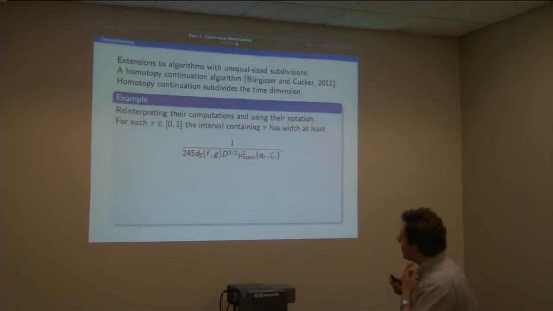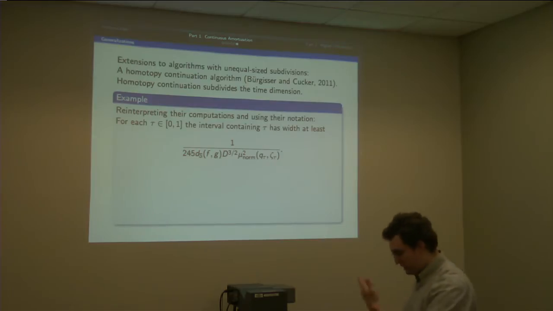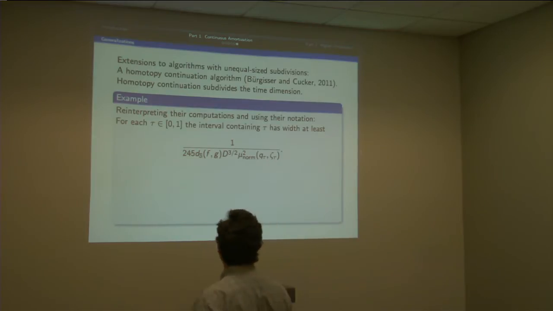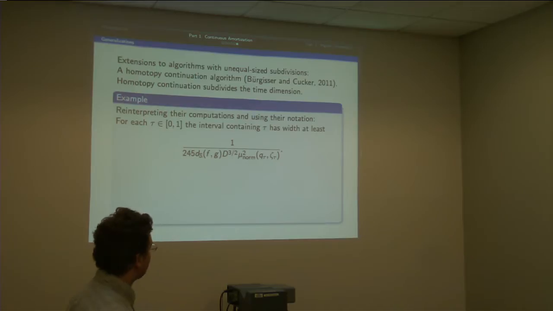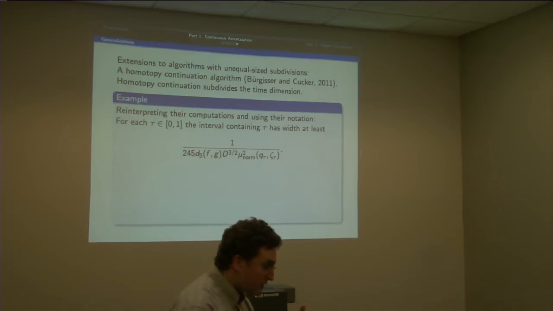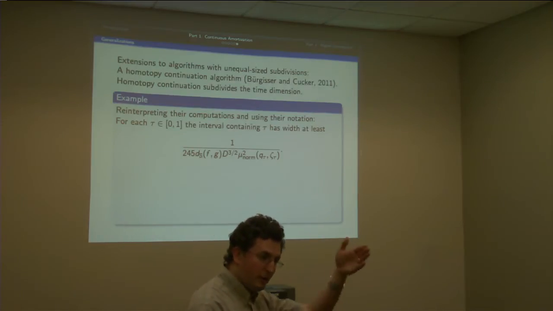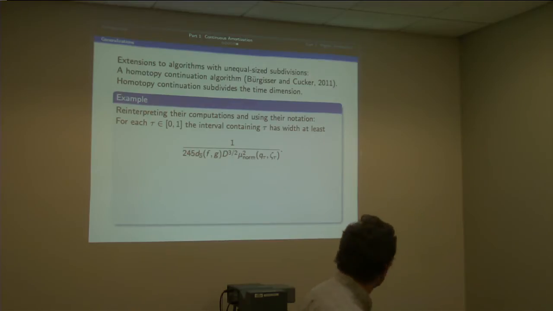If you look at this paper by Bürgisser and Cucker, then what you end up with is, if you just sort of untwist what they have, they say that for homotopy continuation, which I know you've had some speakers here who probably have talked about, so I'm not going to tell you what it's about, you can think of it as dividing up your time domain. You've got an initial polynomial and your final polynomial. Each step means a step along the time domain. You're breaking your time domain up into small and large pieces.